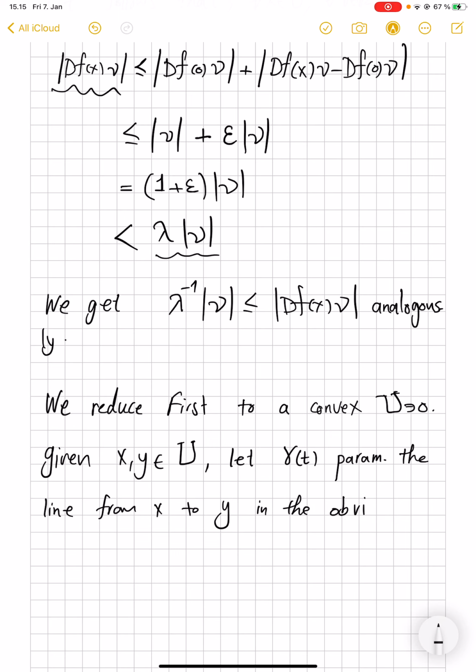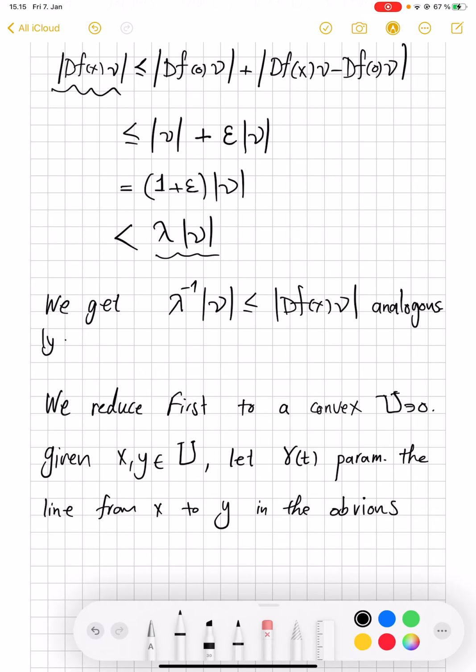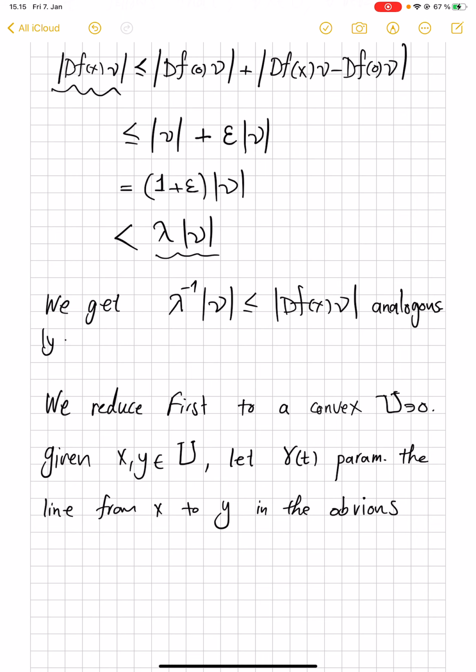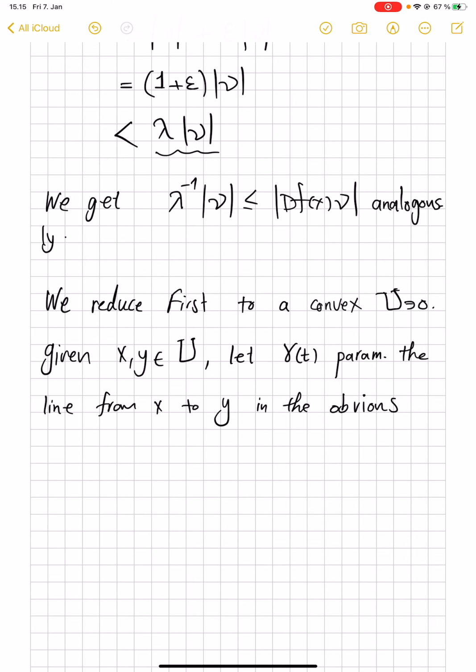No crazy parameterization, just constant speed. And we parameterize it over the interval 0 to 1. Gamma of 0 is x and gamma of 1 is y.